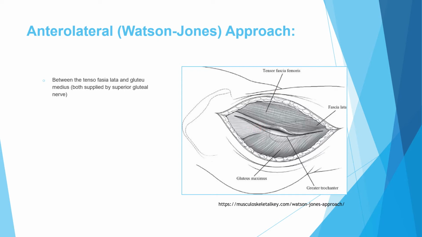This will take you to the anterior part of the neck. And if you notice, both the tensor fascia lata and gluteus medius are supplied by the superior gluteal nerve. So this is not an internervous approach because both muscles are supplied by the same nerve.